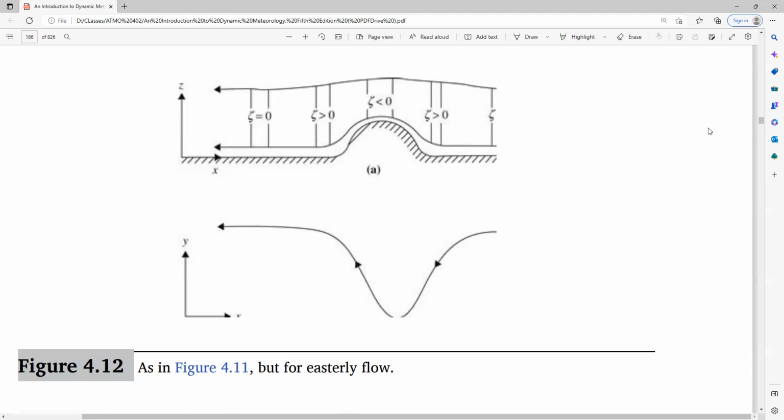And you only have upper level divergent flow. When you have upper level divergence, that means you have anti-cyclonic rotation. If you look at it from the upper level chart, in the upper level you have anti-cyclonic rotation. So when a tropical cyclone moves over the mountain, low level cyclonic rotation disappears and you see an upper level anti-cyclone.